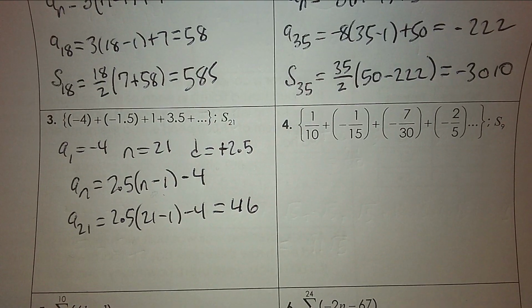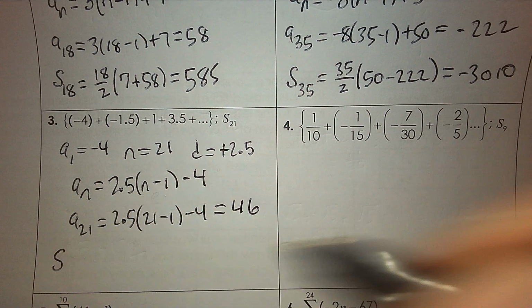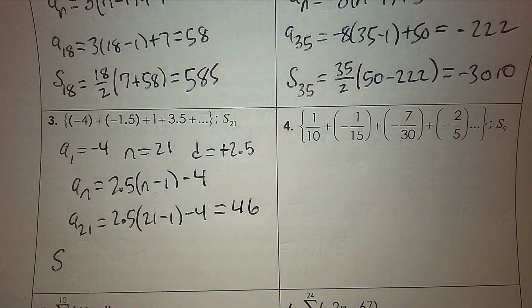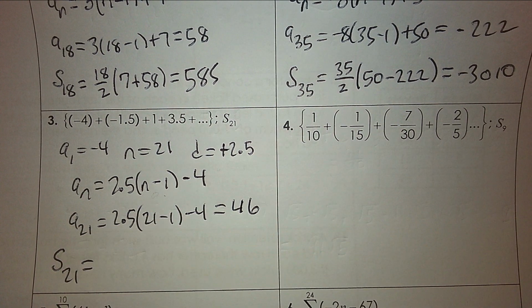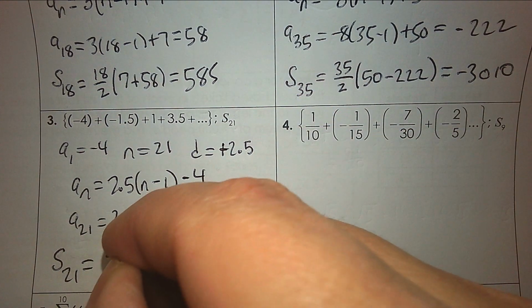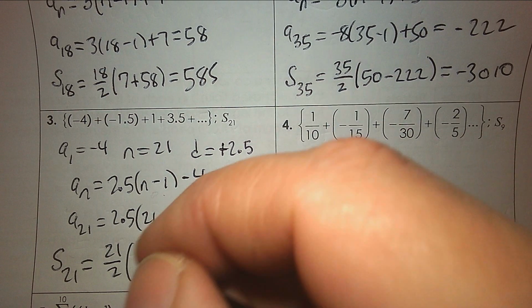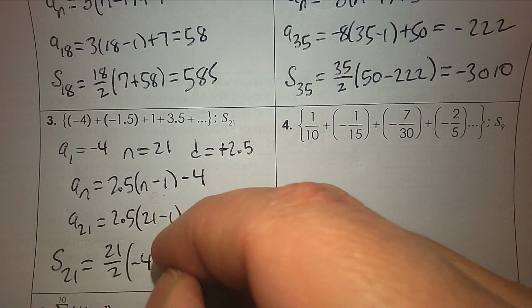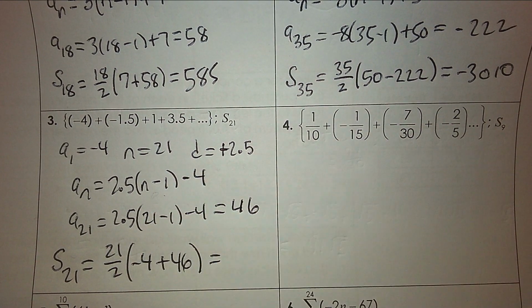Then, once you know that, you can just set up the formula. So the formula to find the first 21 terms is you take 21 divided by 2, and the first term and the last term you add together, and now use your calculator.